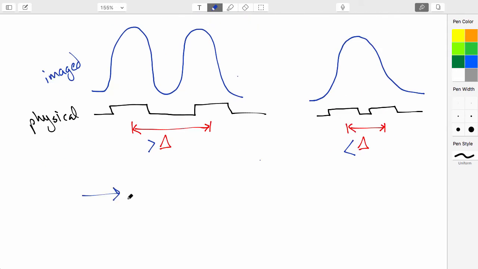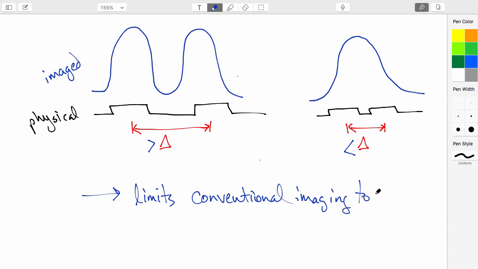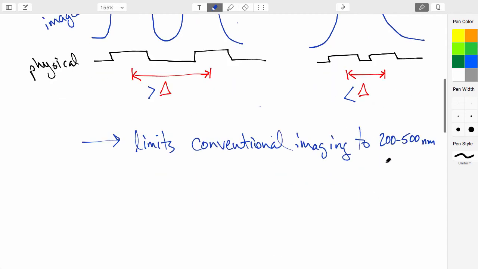And the central point is that this limits conventional imaging to something around a couple hundred nanometers, which is about the wavelength of light. So really high-end microscopes might get down to 200 or 300 nanometers, whereas normal everyday microscopes that would be found in most labs might be limited to about an order of magnitude larger than this, a couple microns.